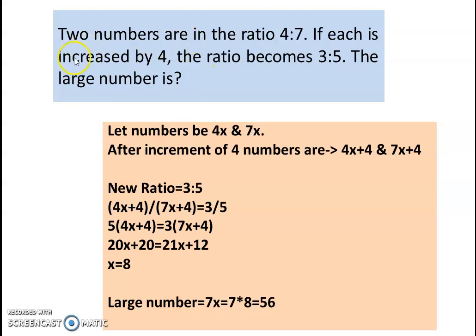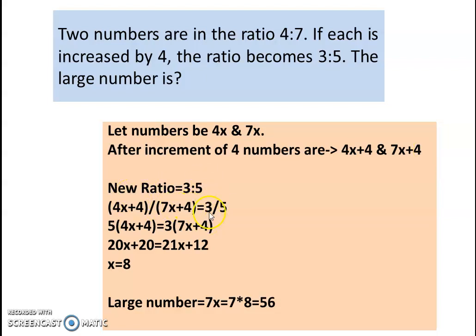Now each is increased by 4, it is given. So after the increment of 4, the numbers are 4x + 4 and 7x + 4. Now it is given that after the increment the ratio becomes 3:5. That is (4x + 4)/(7x + 4) will be equal to 3/5, right?